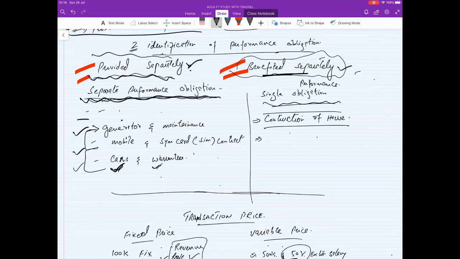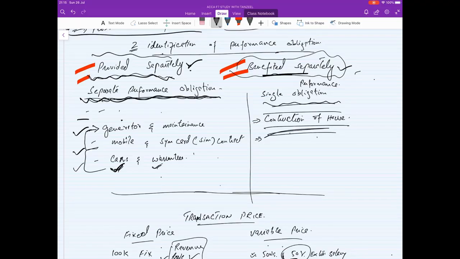Now I'll give you an example of a single entity, a single obligation. A single performance obligation example is the construction of a house. If I make a contract with you that I will construct a house for you, but after making one wall I back off and say I'm not going to make it, I breach the contract.